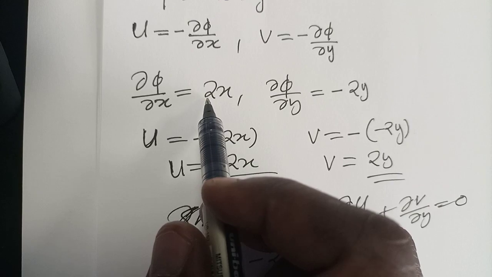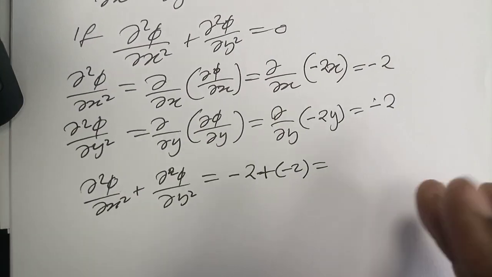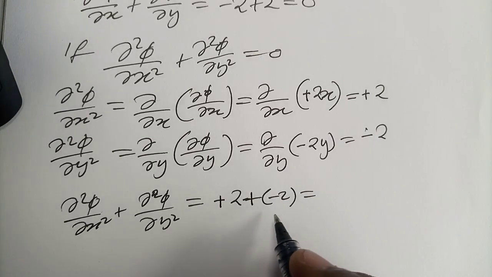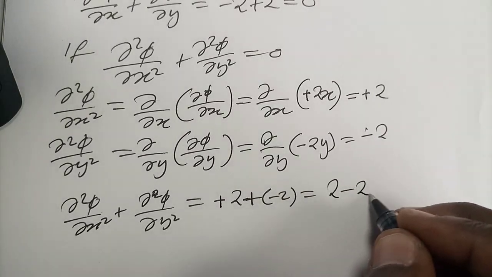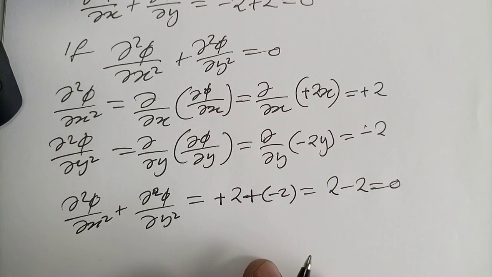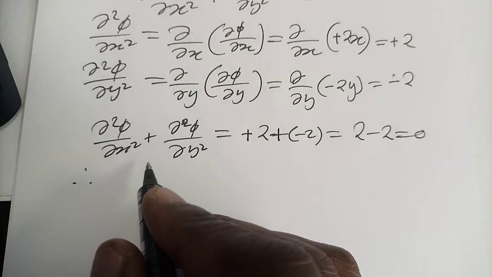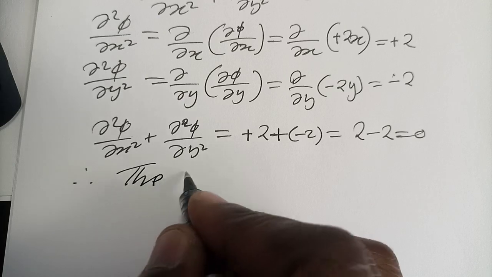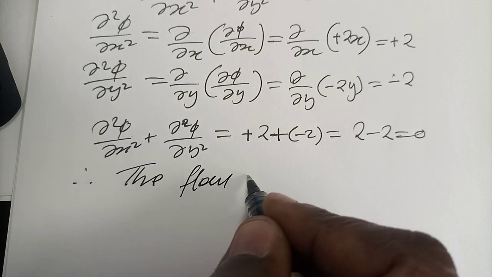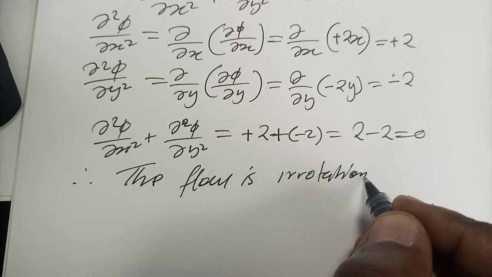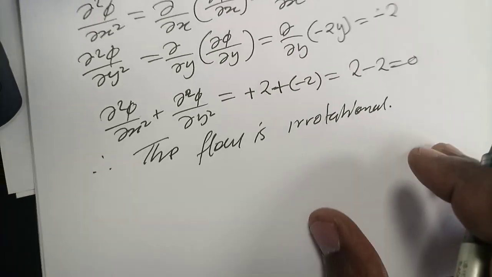This is a positive one, so this should be positive. This is positive, this is positive, this is positive. This is going to give you 2 minus 2 is 0. So since this is satisfied, then it implies that the flow is irrotational. Thank you.